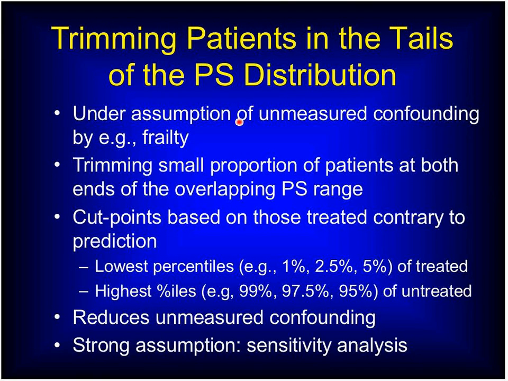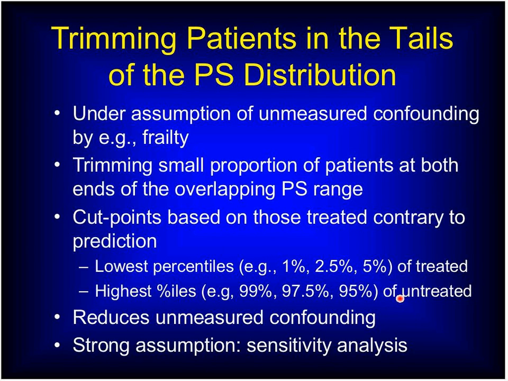So, under the assumption, and this is a strong assumption, and I'll come back to that, under the assumption of confounding by, for example, frailty, trimming a small proportion of patients at both ends of the overlapping propensity score range can reduce unmeasured confounding. And I've used cut points based on those treated contrary to prediction, the lowest percentiles of the treated and the highest percentiles of the untreated.